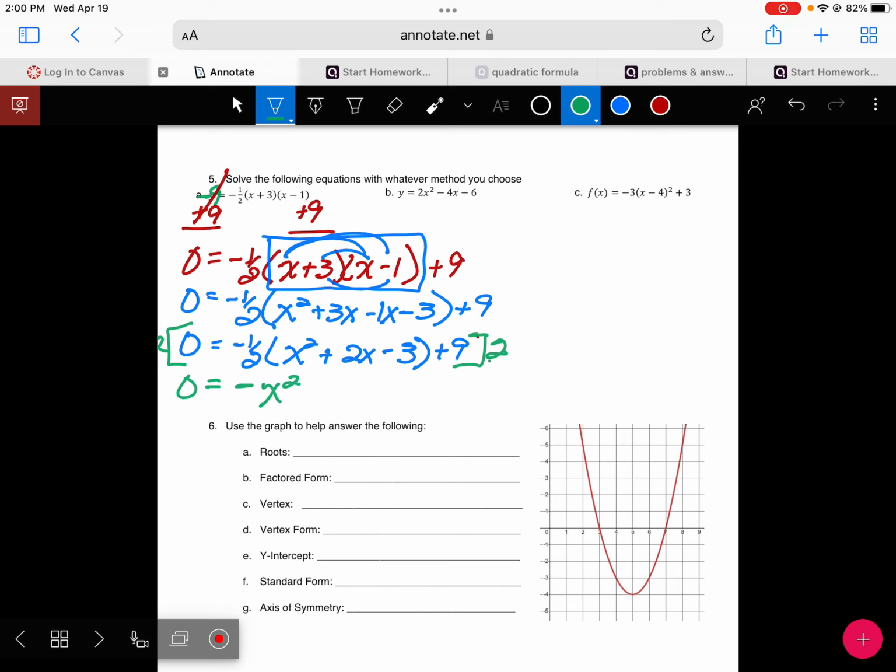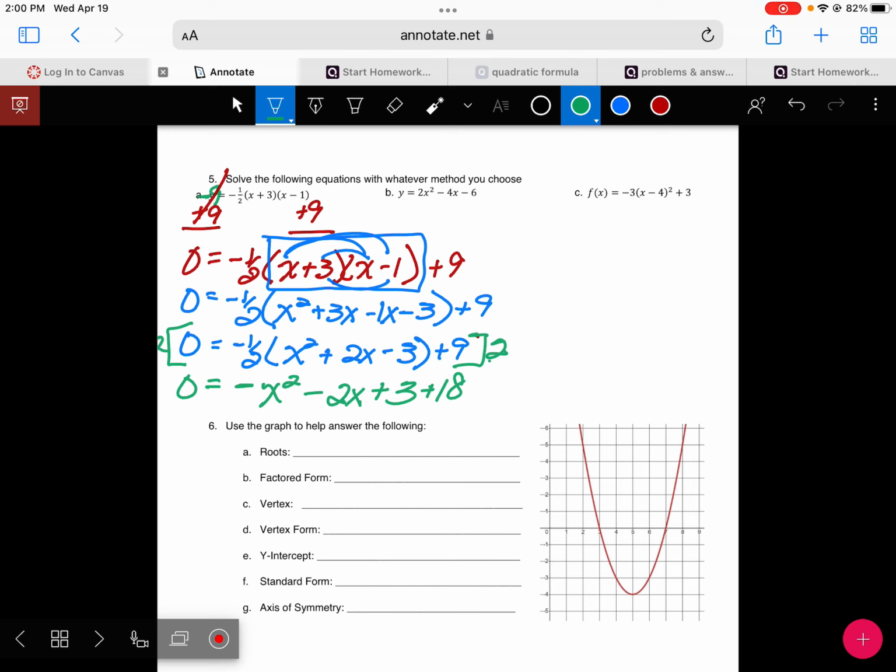2 times negative 1/2 times 2x is going to give me negative 2x. Yes, that should be a negative. And 2 times negative 1/2 times negative 3 should give me plus 3. And then 2 times 9 should give me 18.